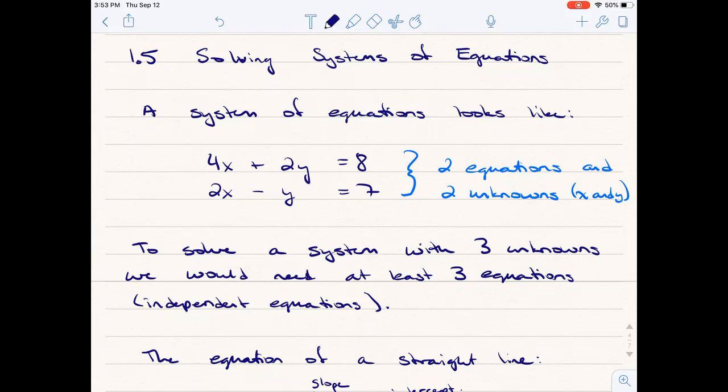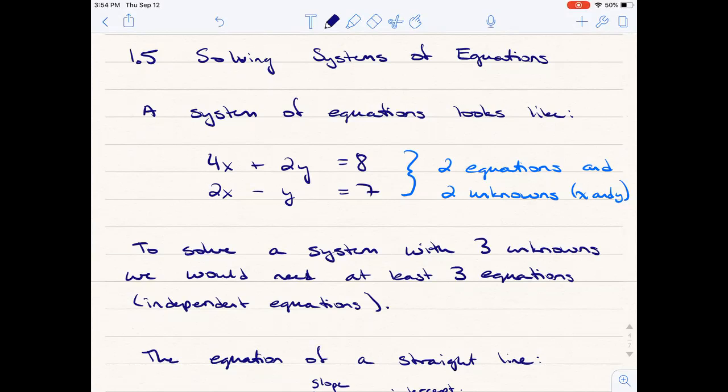I'm just scaling it up, because I'm multiplying this side by 2 as well. Whatever I do to one side, I have to do to the other, but I'm allowed to do that. The idea is we take a multiple of either one of these and add or subtract it, whichever is more convenient, from the other one. And we want to play our cards right.